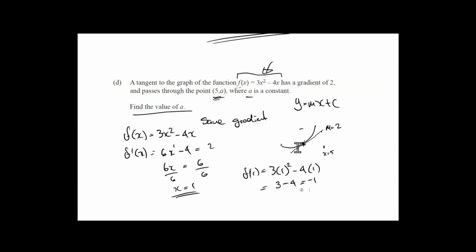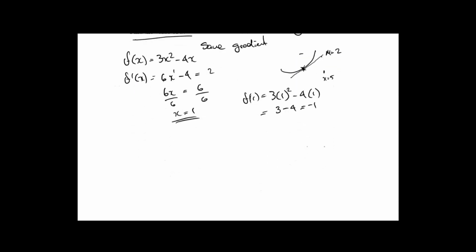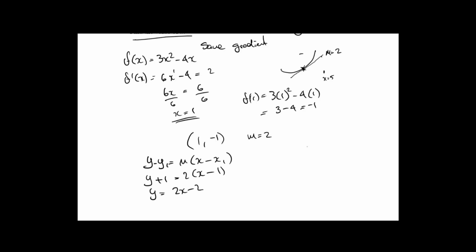So we know that this tangent passes through the point (1, negative 1) and has a gradient of 2. So y minus y1 equals m times x minus x1. So y is going to be equal to 2x minus 2 minus 1, which is 2x minus 3.